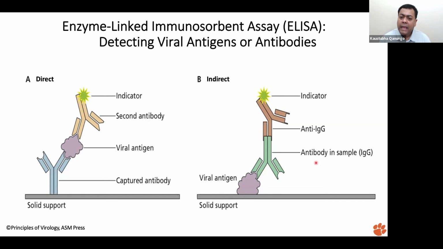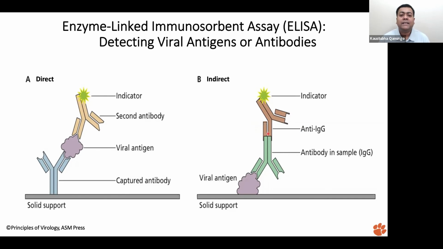If the patient is exposed to the virus, the patient will have antibody against the virus in his serum. So you are taking the saliva or the serum from that patient, and you are adding it to that. If the patient is positive, that antibody will bind to the viral antigen.